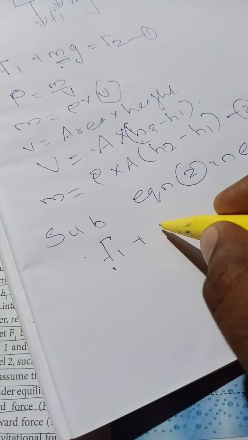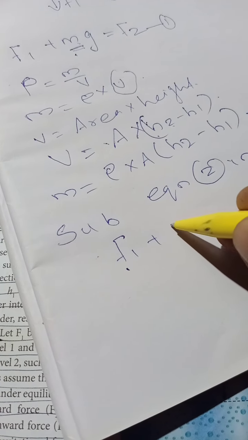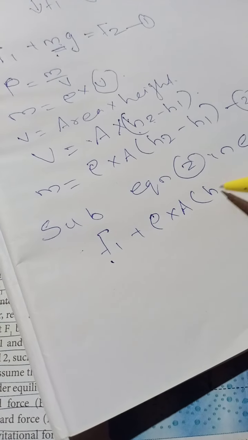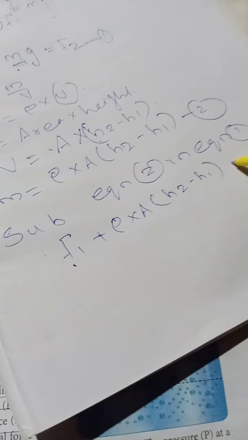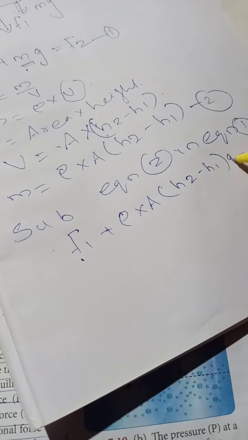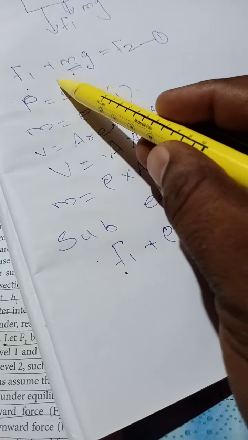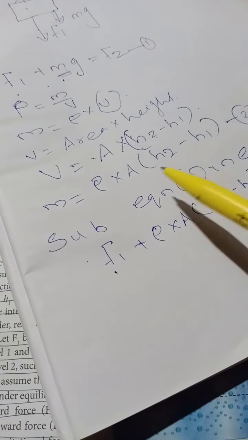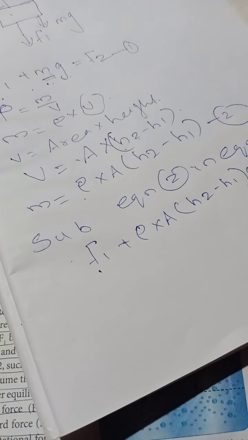F1 plus, instead of M, rho into A into H2 minus H1, into g, equal to F2. Here g is also there, because in this equation F1 plus mg equal to F2, instead of mass we have substituted rho into A into H2 minus H1.